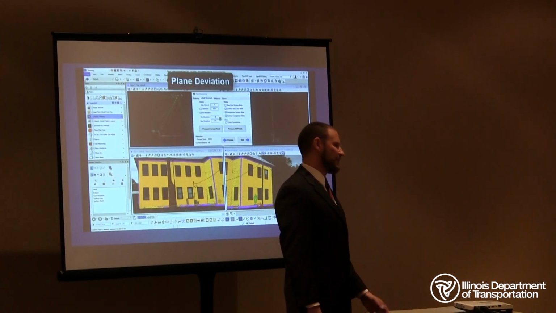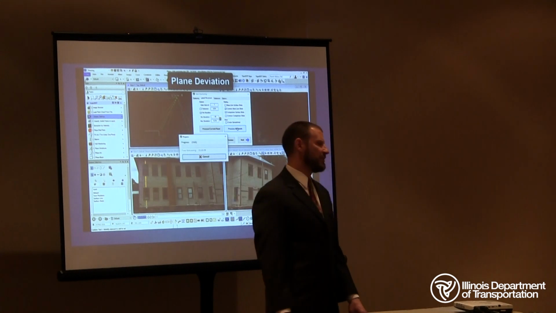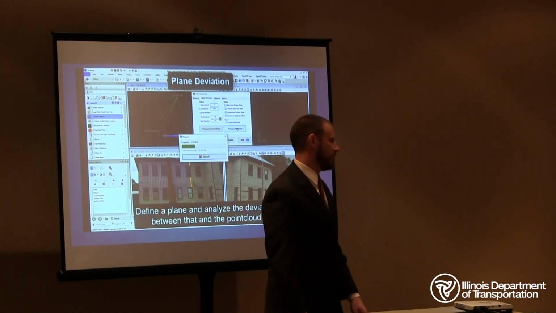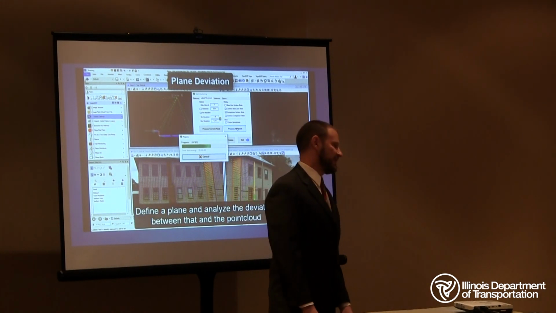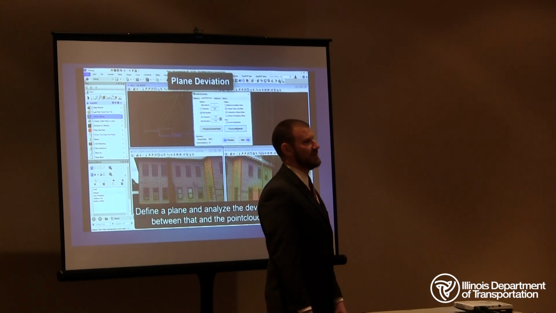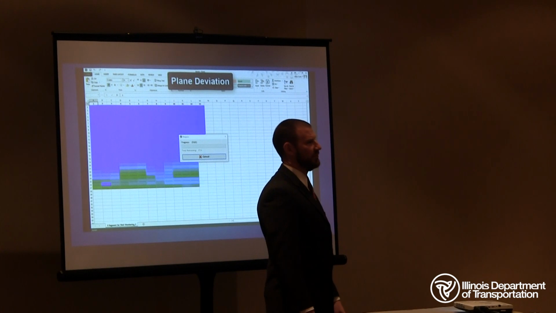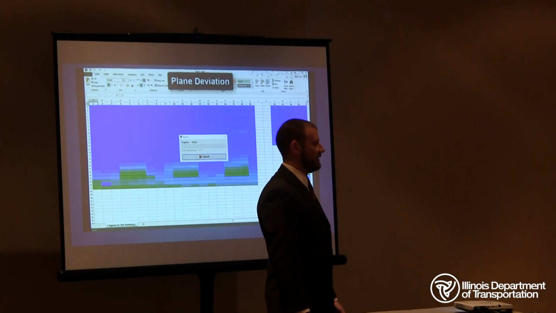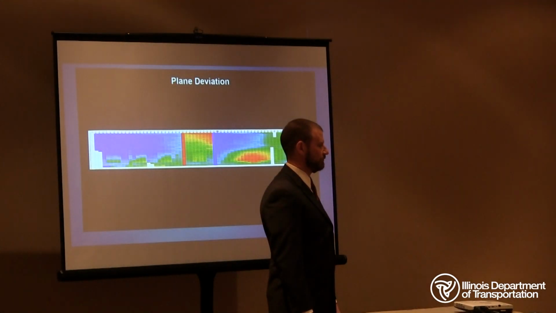This next one I think would be nice for grid structures. You define a plane, and it analyzes the point cloud relative to that plane. So I think it'd be a good tool for looking at the plumbness of a wall.